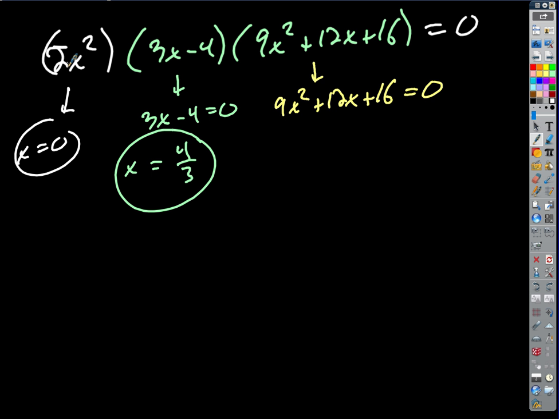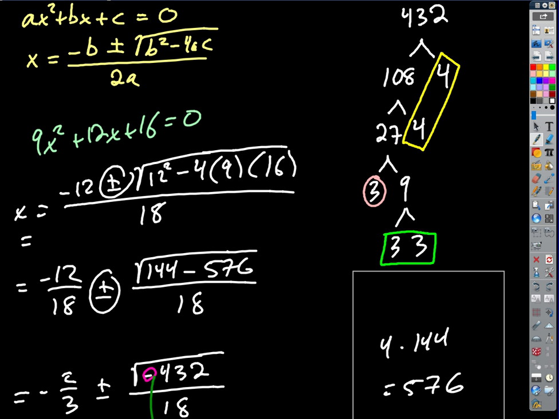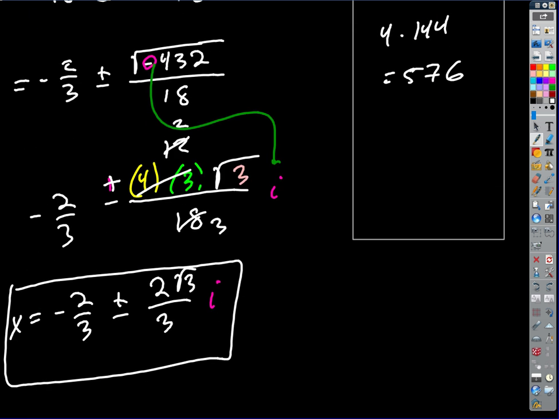Question? Yes. Can you go back to the other page? Now, would you be able to just get rid of the 2/3 times square root of 3? Because multiplying 2 times square root of 3 divided by 3 is the same as multiplying 2/3 times square root of 3. So would you be able to add or subtract 2/3 to make it simpler? You could write that as 2/3 times the square root of 3, it's the same thing.